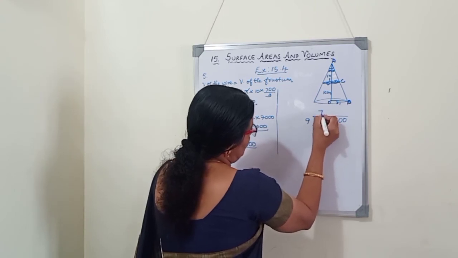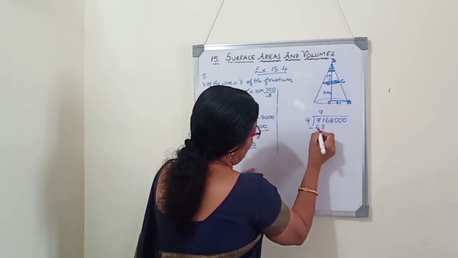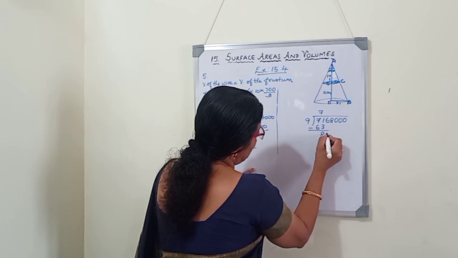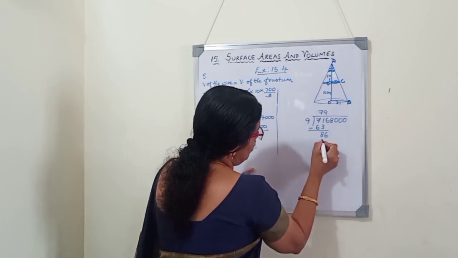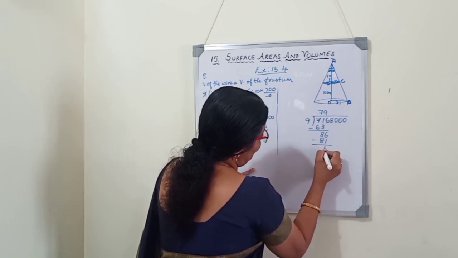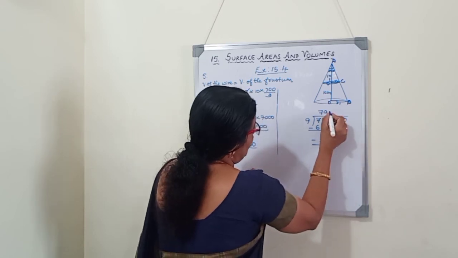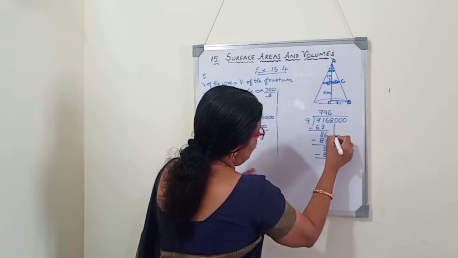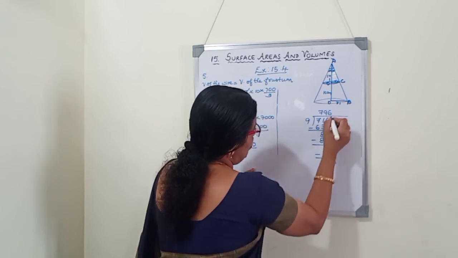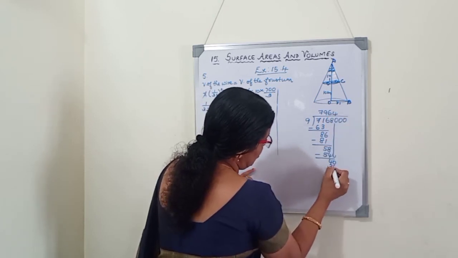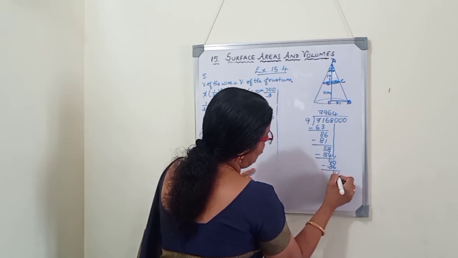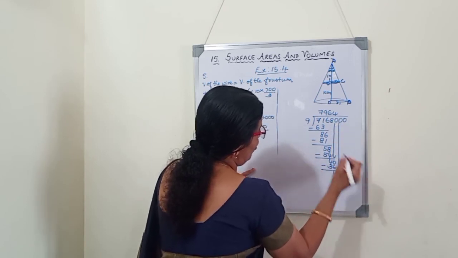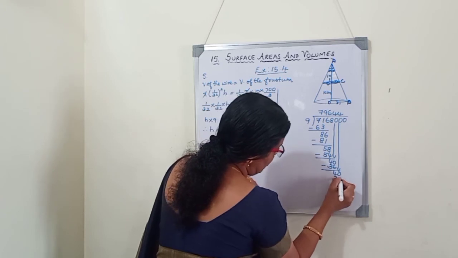9 7s are 63. 8, 86. 9 9s are 81. 58. 9 6s are 54. Remainder 4. So we will bring the first 0, 40. 9 4s are 36. Remainder 4. Again second 0 we will bring, 40. 9 4s are 36.